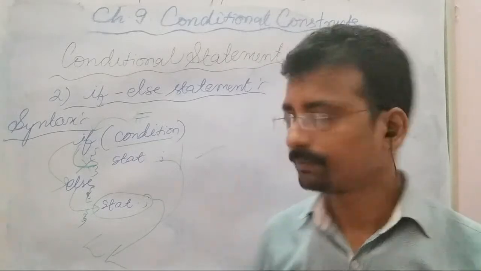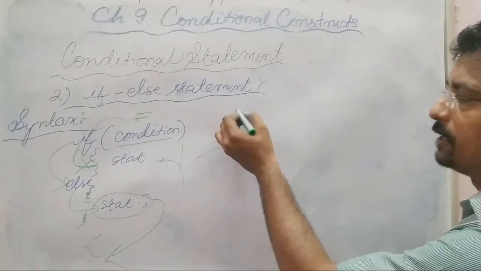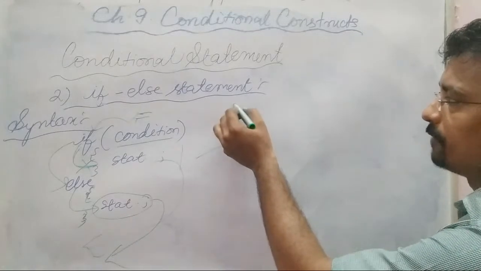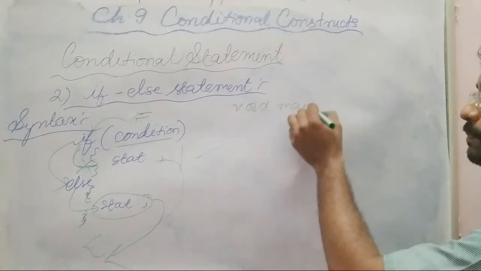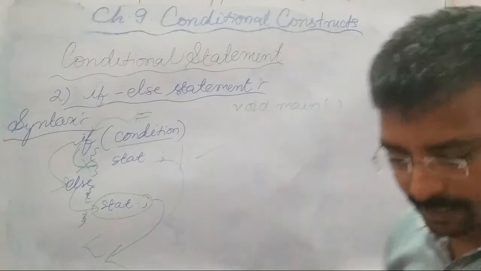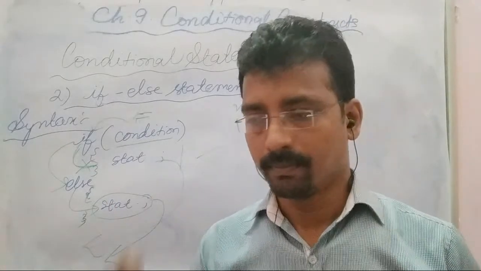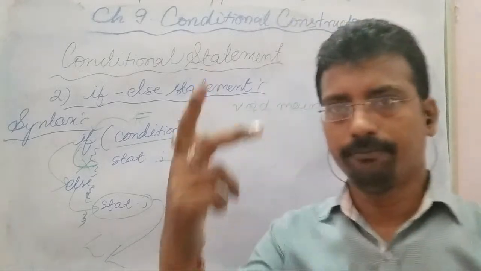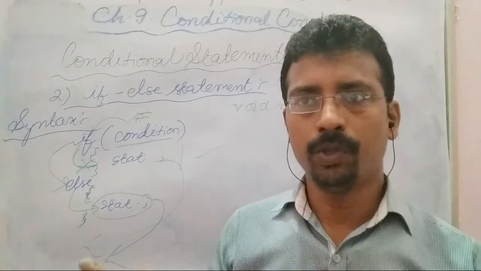Clear? Okay, so one example related to this, very fast. Void main. Suppose the program is like that: write a program to compare two values. If both are equal, print equal, otherwise not equal.